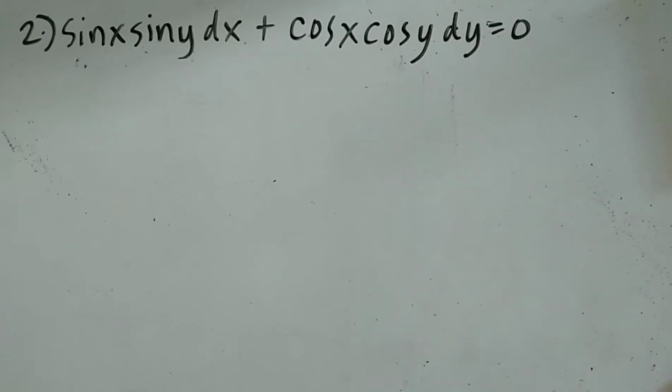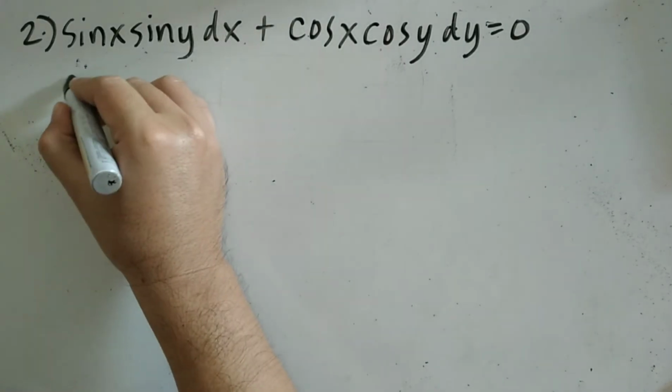Next, we will solve another example: sin x sin y dx plus cosine x cosine y dy equals 0. The first thing we will do is divide all terms by sin y cosine x, in order for us to be able to apply the log rule for integration.